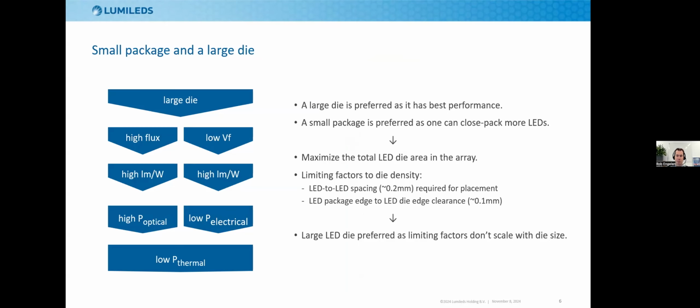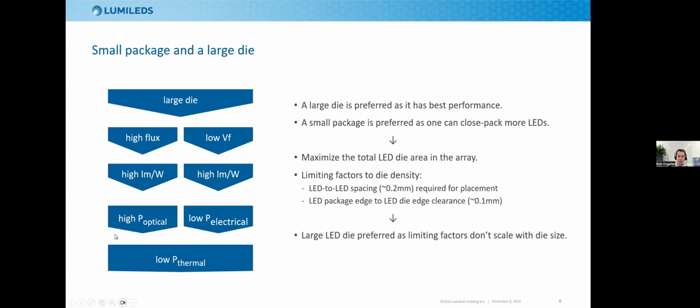So let's have a look at this best performance. You can achieve that with a large die. As the LED chip becomes larger, you get higher flux out of the LED, and simultaneously the voltage you need to drive this LED gets lower. Both these effects combined result in high efficacy, high lumen per watt.